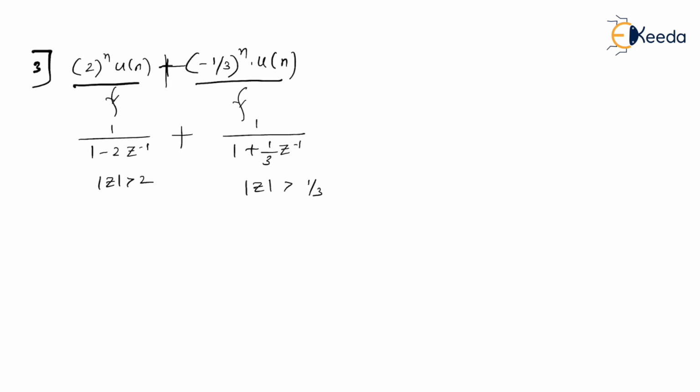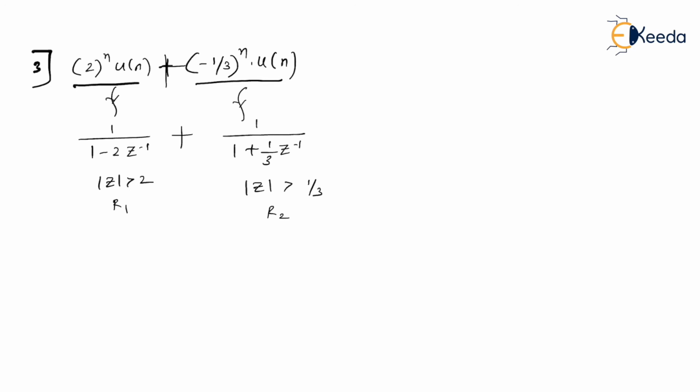So let me talk about this ROC. ROC number 1, R1, is mod of z greater than 2, and ROC2 is mod of z greater than 1 by 3. We have already seen such cases where we get multiple ROCs. Whenever there is a linear combination, for every term we get an individual ROC, but then we have to take a common ROC, and that common ROC is R1 intersection with R2.